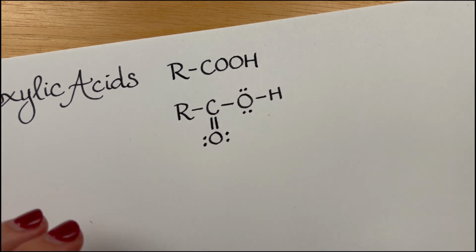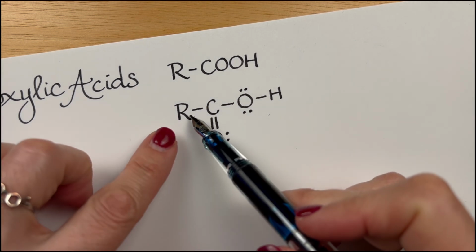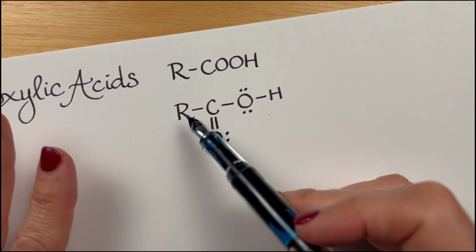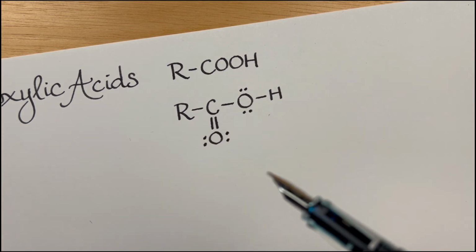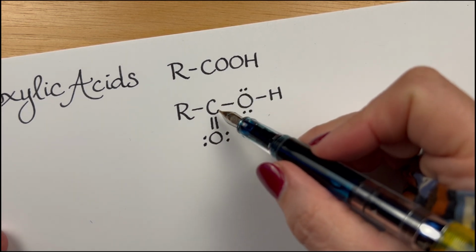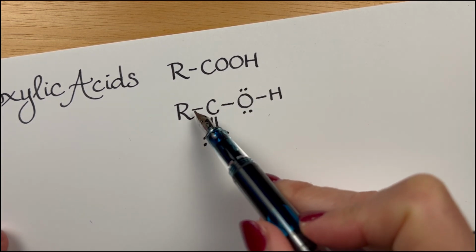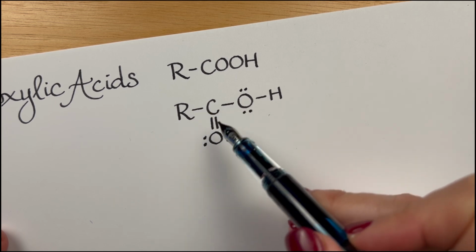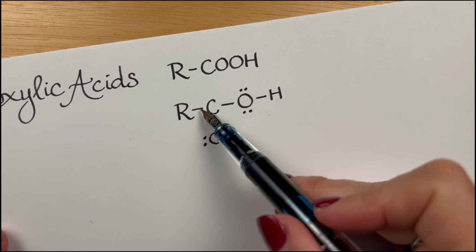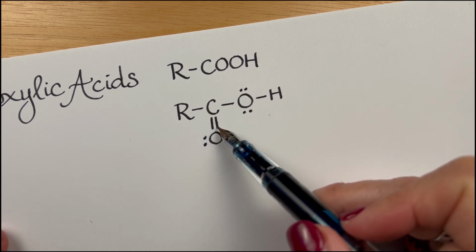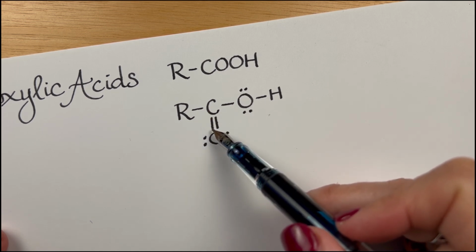So this carbon, we're not going to worry about the R group because we don't know what that is. It's just generic, okay? This carbon here has 3 single bonds. Over here there's a double bond as well.